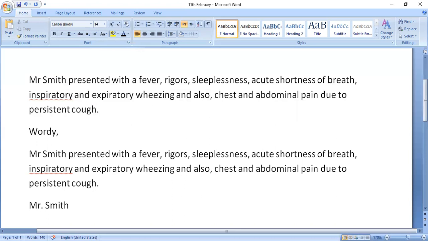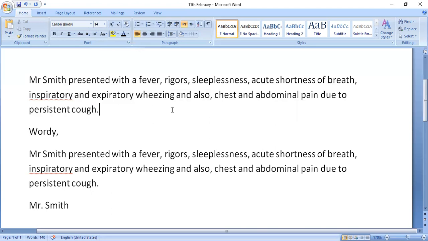Okay, so first of all, somebody is saying that we should not write inspiratory or expiratory wheezing. Means we should not write inspiratory, expiratory, only wheezing. So first of all, let us try. Okay, so we have two parts in this sentence. Mostly when we write medical history, we have two parts.